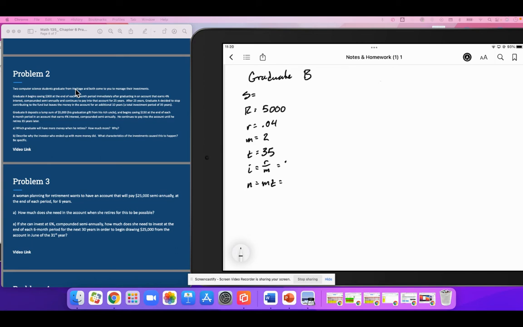So our R over M is 0.04 over 2, so 0.02. And MT is going to be 2 times 35, so 70.